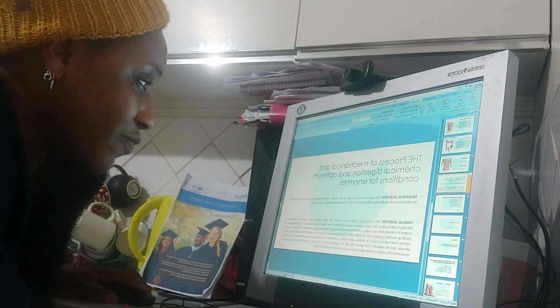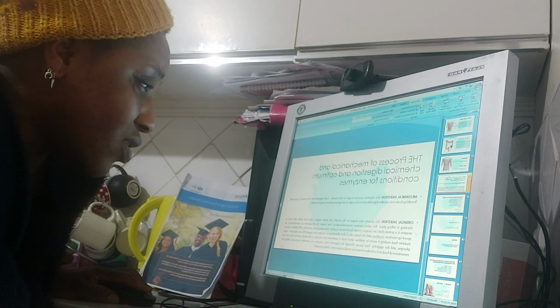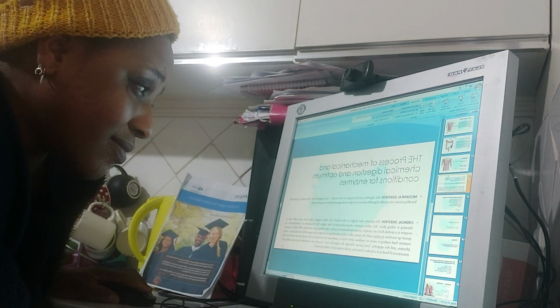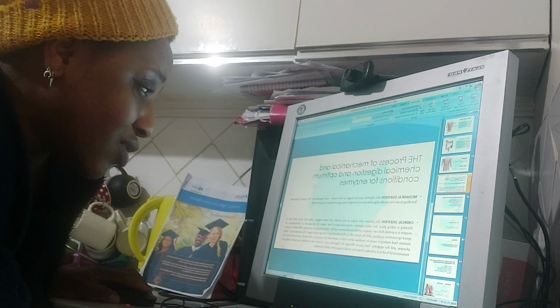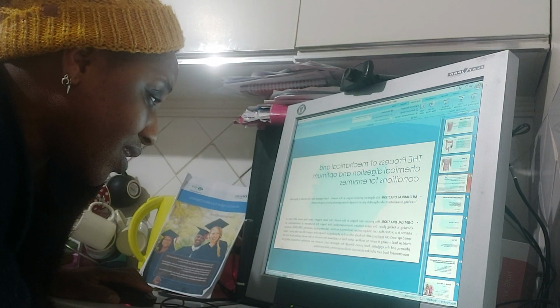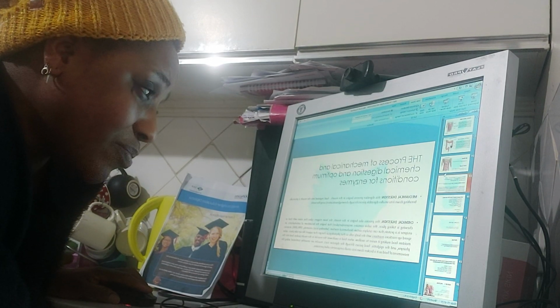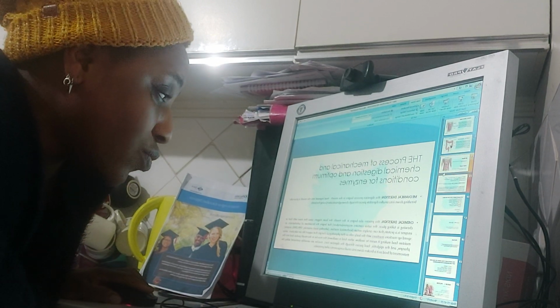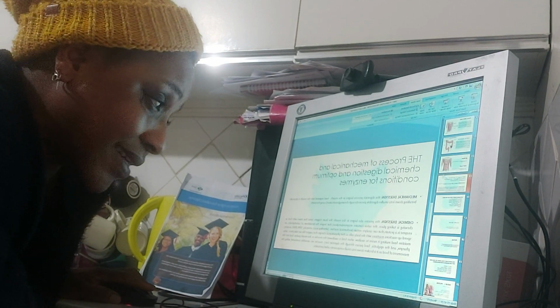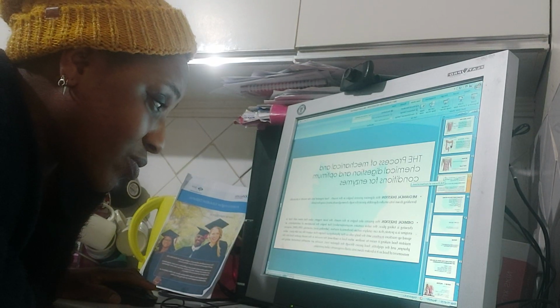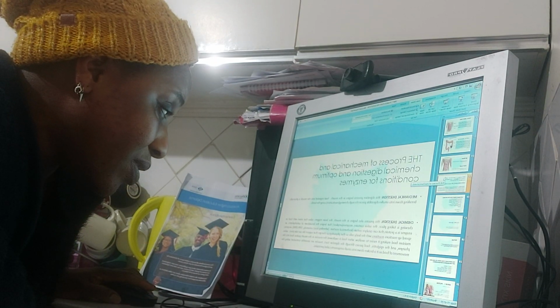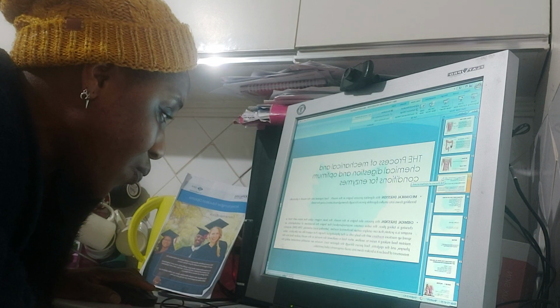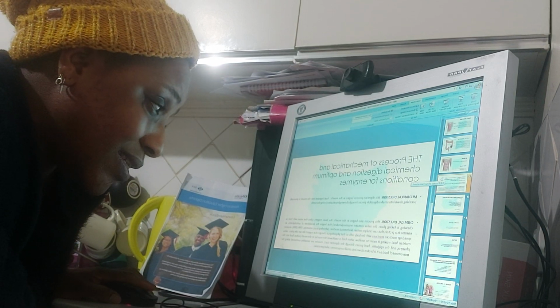The process of mechanical and chemical digestion and optimum conditions for enzymes. Mechanical digestion: this process begins in the mouth. Food taken into the mouth is physically broken down into smaller digestible pieces through chewing, mastication, using the teeth. Chemical digestion: this process also begins in the mouth. The brain triggers saliva that mixes with food as chewing is taking place.